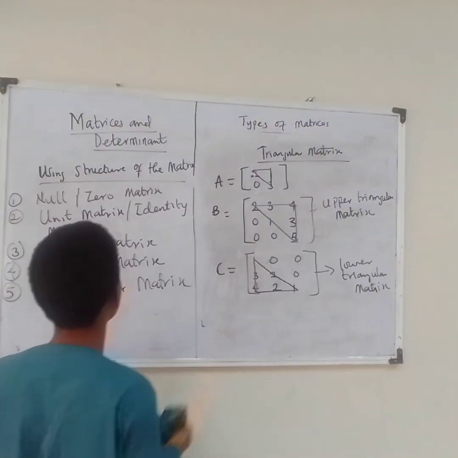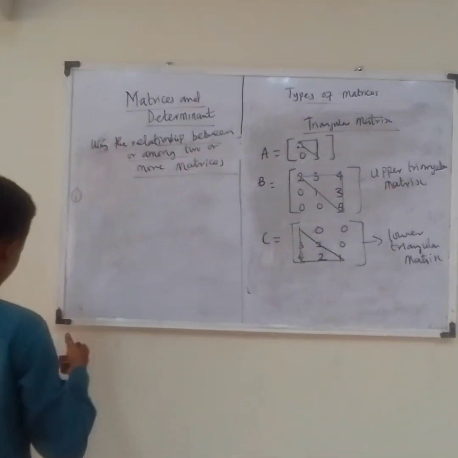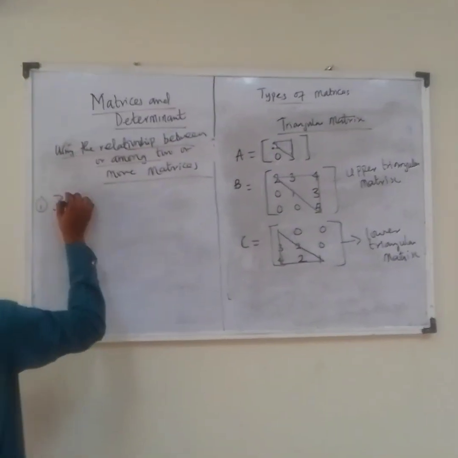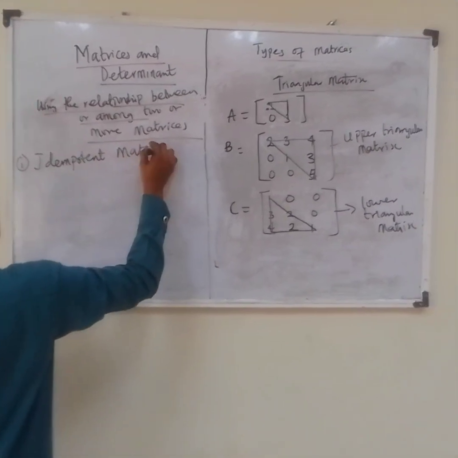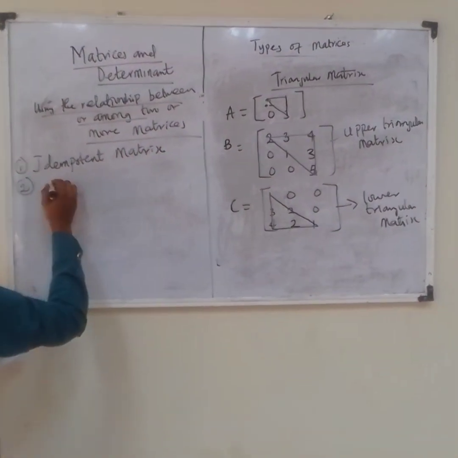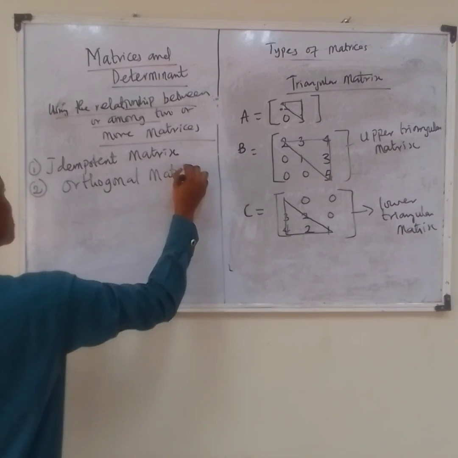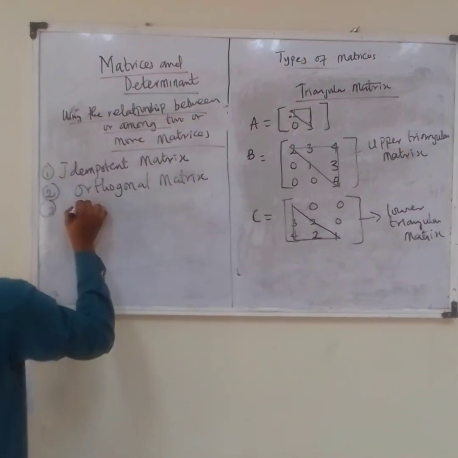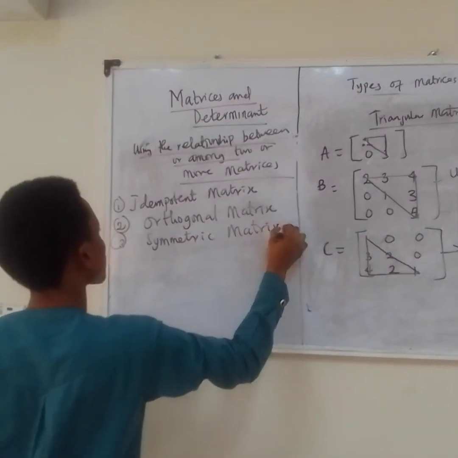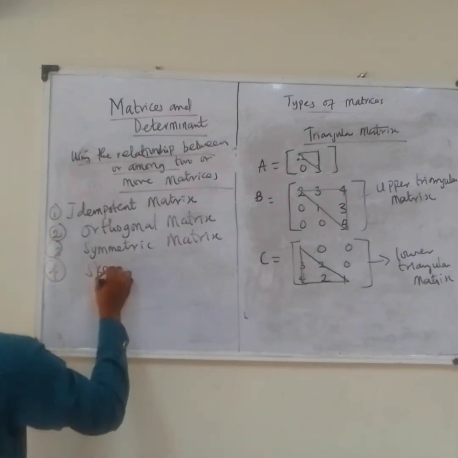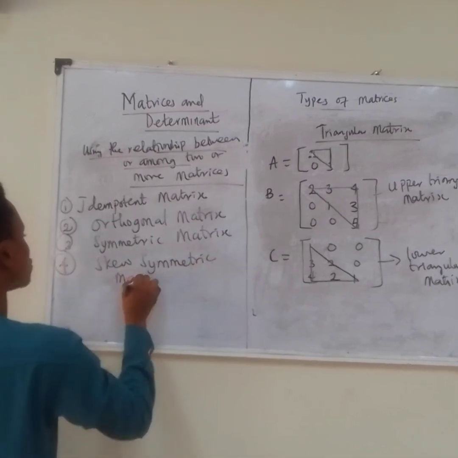Then finally, there are different things that we need to consider. 1, we have idempotent matrix. 2, we have orthogonal matrix. 3, we have symmetric matrix. 4, we have skew symmetric matrix.